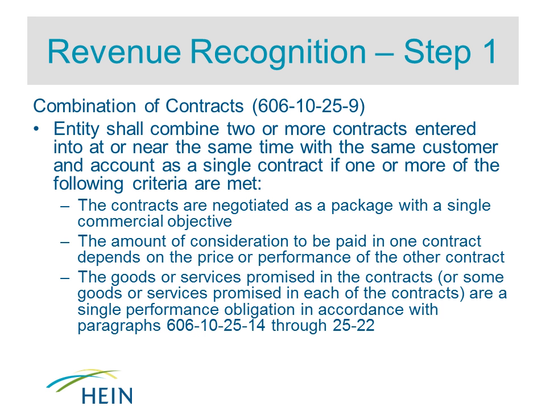They have to be entered into at or near the same time with the customer and accounted for as a single contract if one or more of the following criteria are met. The contracts are negotiated as a package with a single commercial objective. The amount of consideration to be paid in one contract depends on the price or performance of the other contract. Goods or services promised in the contracts are a single performance obligation in accordance with 606-10-25-14 through 22.